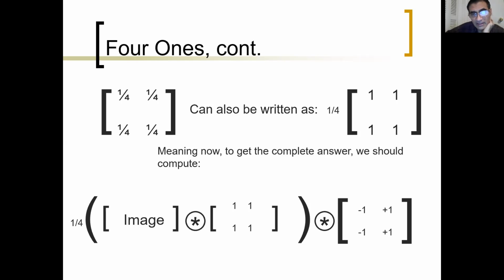Those 4 ones were not 4 ones at first. That quarter value that I pulled out to the front, I should have put those 4 quarters in each of those 1 positions. That's what I really meant to do, but that's the same mathematically as pulling out the common 1/4 value at the front and just leaving the ones in there.